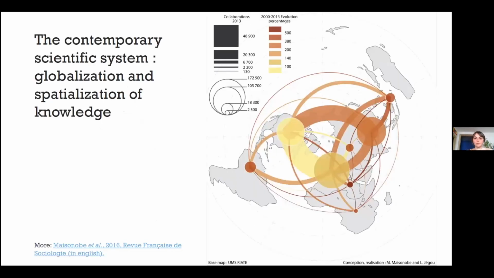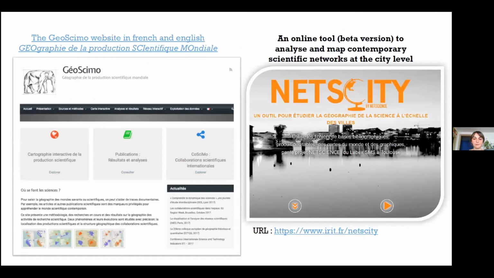What you can do later on when you do this type of work is aggregate the data again to have a better picture of the world scale and the world exchanges and their evolutions. If you want to know more about this work on geography of science, you can go to our website. It is frequently updated, and we are also developing a tool that you can already use in beta version if you want to map bibliographic data that you extract from the Web of Science, Scopus, or that you have yourself.